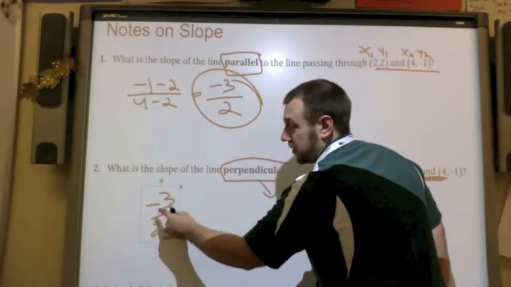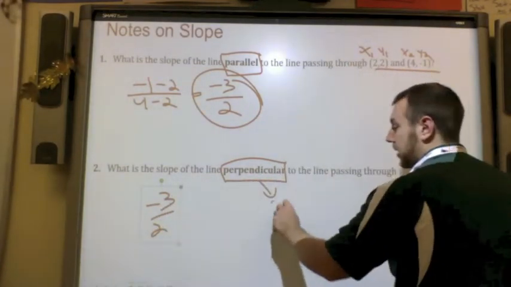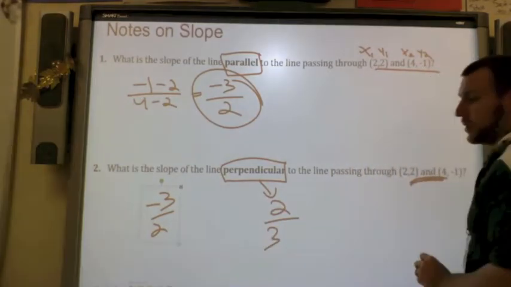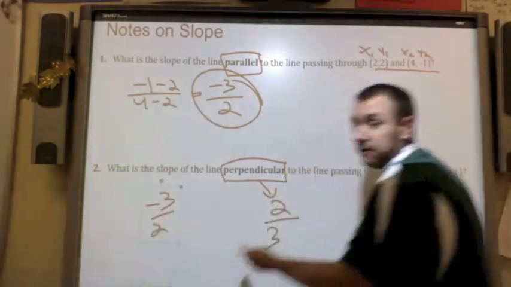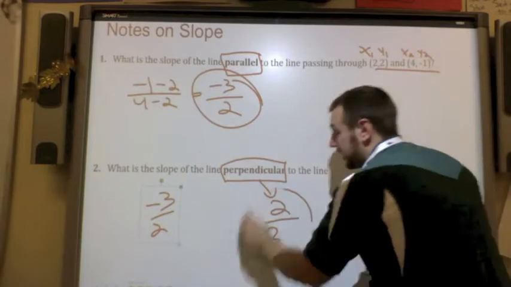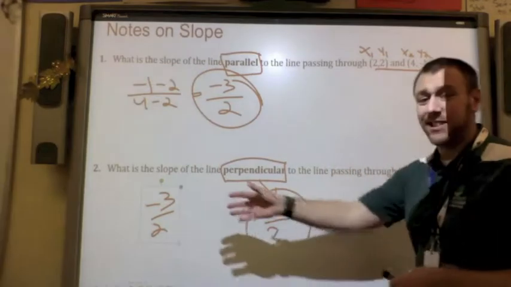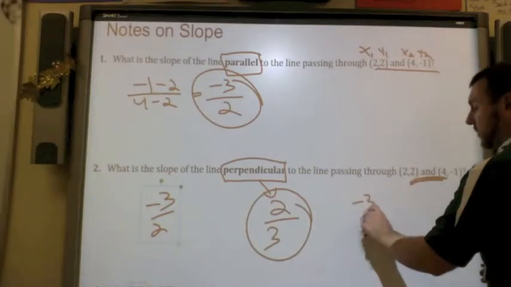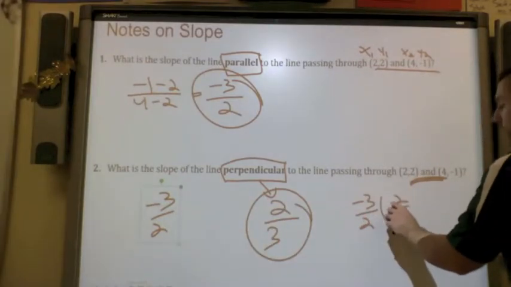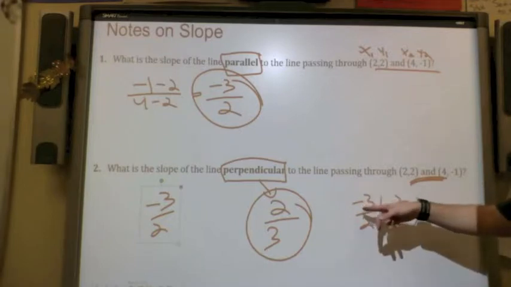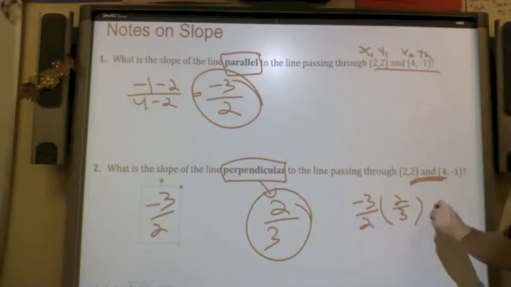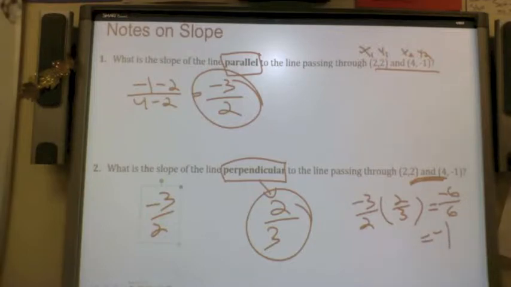So the 2 and the 3 swap places. So it's 2/3. This one's negative, this one's positive. This is the slope that is perpendicular. And I can also test this by doing negative 3 over 2 times 2 over 3. I multiply negative 3 times 2, negative 6 over 6, which is negative 1.